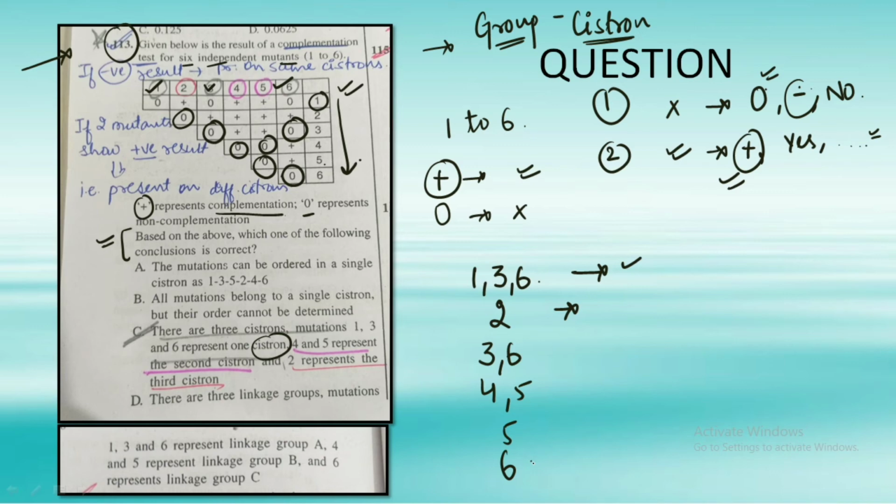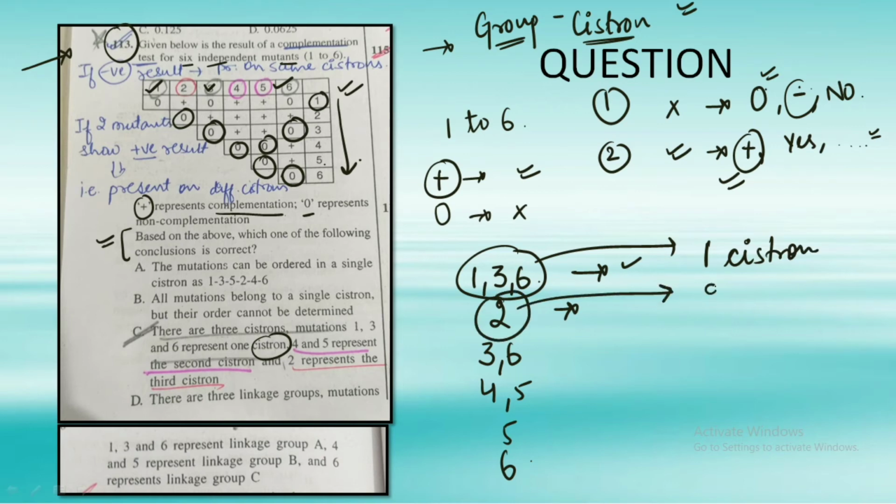And the next step that you have to do is that you have to take a row and just keep them in one group, or keep them in one complementation group. So the group would be called as a cistron, as we have just discussed. So in the first case we have 1, 3 and 6 being the first cistron, and then in the second cistron we would be having only 2 because we do not have any other group with it.